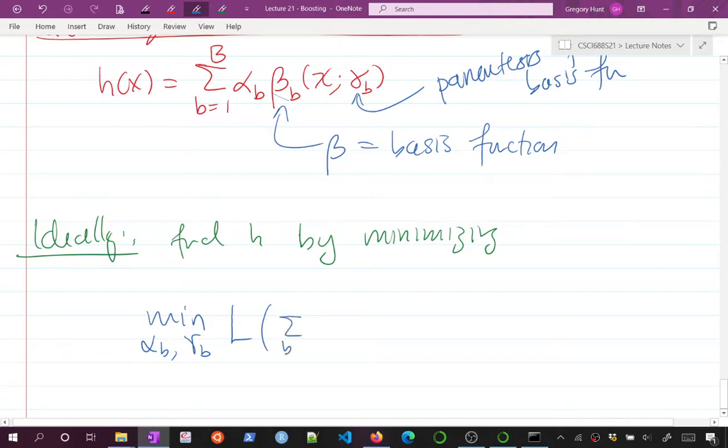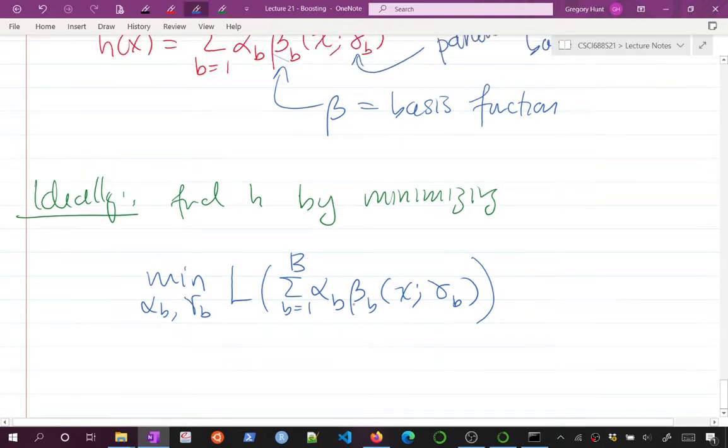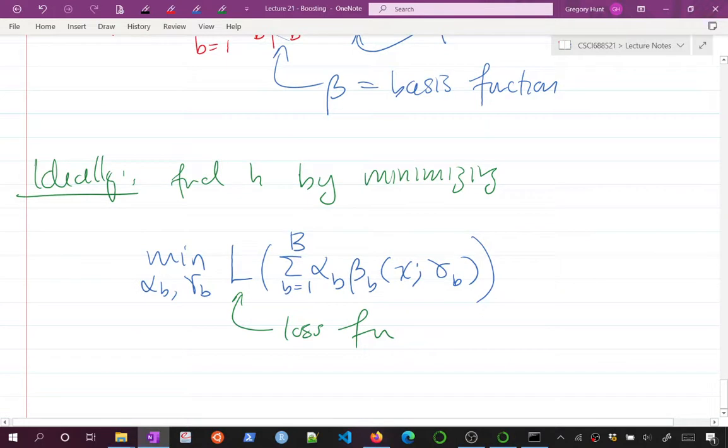So it basically would be minimizing a loss of this thing. This is my notation: it's a function of x and it has its parameter. For classification, this loss would be something like a 0-1 loss or an exponential loss. For regression, it would be something like a squared error loss or an absolute value loss. But you have some loss function L that tells you how well this particular choice of gammas and alphas works. It's a classic thing.